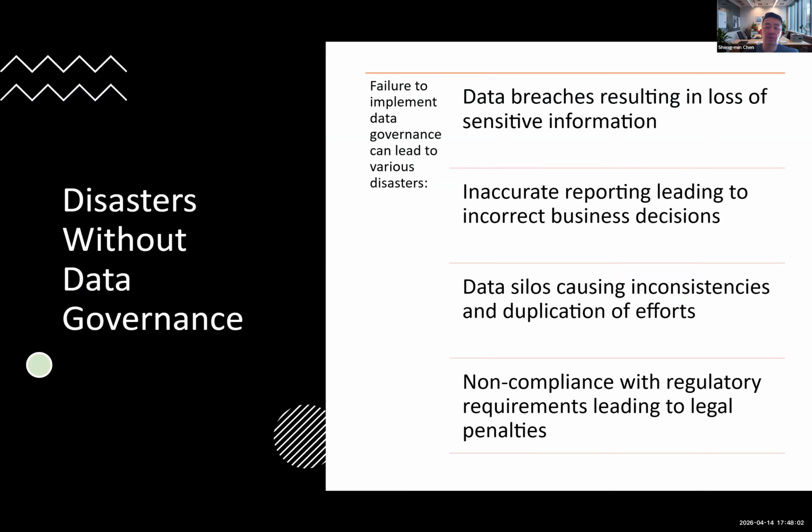Some of the disasters without data governance are obviously loss of data, number one. But it's not common today to entirely lose data, because even if you use a relational database, it has automated backup.